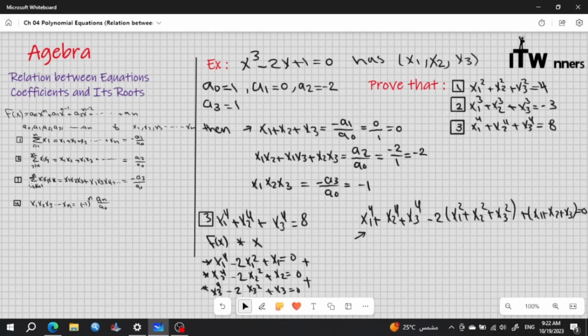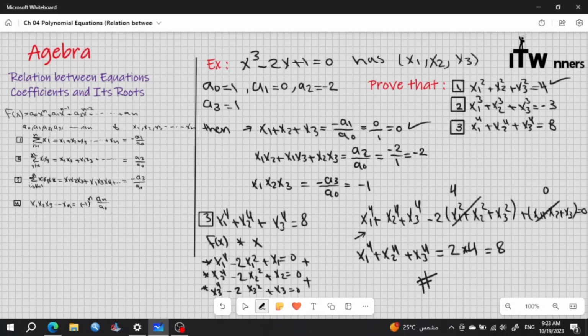From the first one we have 4, and this is equal to 0. Then x1⁴ + x2⁴ + x3⁴ equals 2 into 4, equal to 8. The third one is proved.